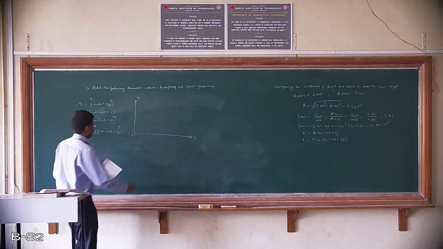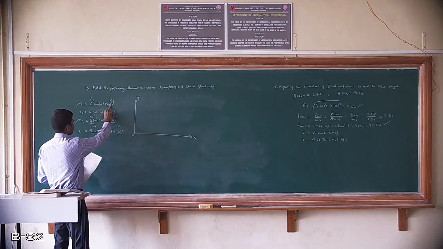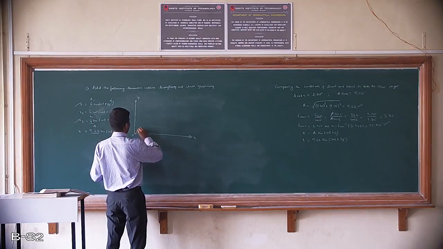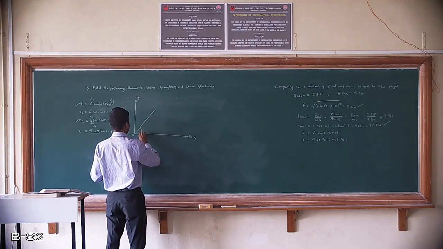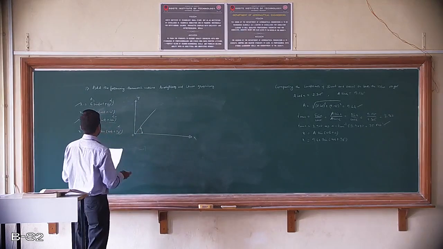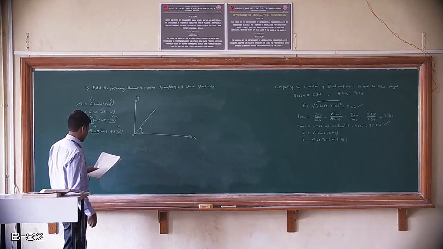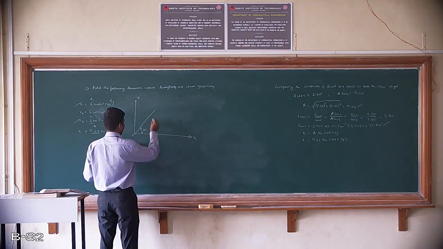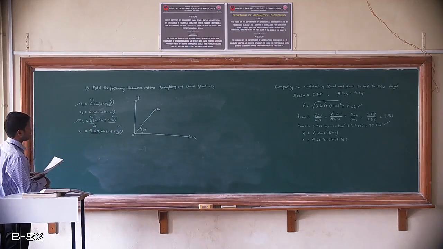So at an angle of 60 degrees, draw a line of length 6 centimeters, because the amplitude is 6 and alpha is 60 degrees. I will call this 60 degrees with the axis OX, and I will call this point B.